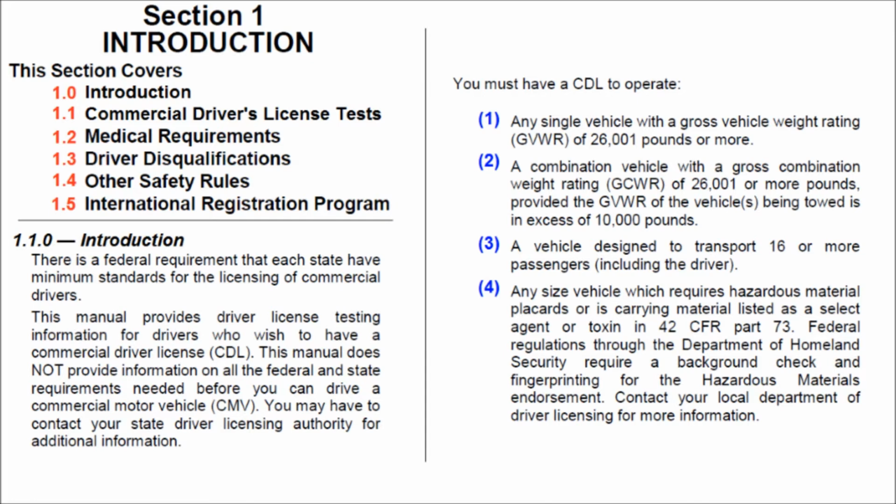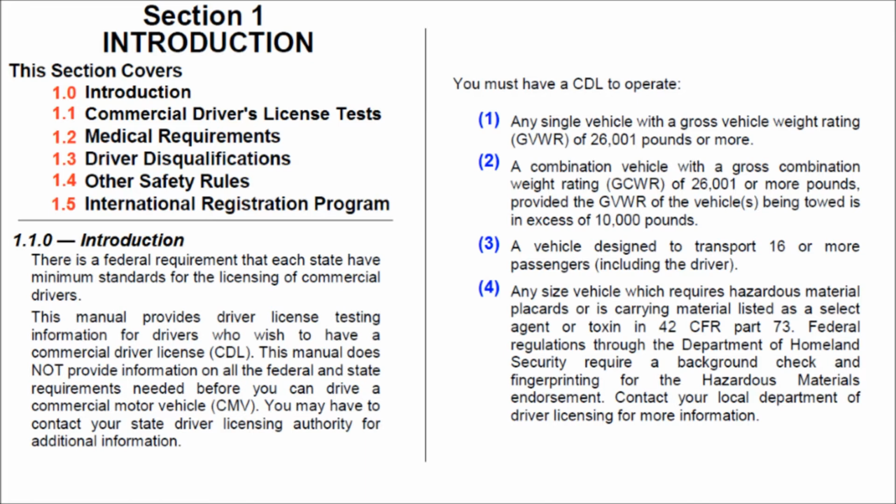A combination vehicle with a gross combination weight rating, GCWR, of 26,001 or more pounds, provided the GVWR of the vehicle being towed is in excess of 10,000 pounds. 3. A vehicle designed to transport 16 or more passengers, including the driver.